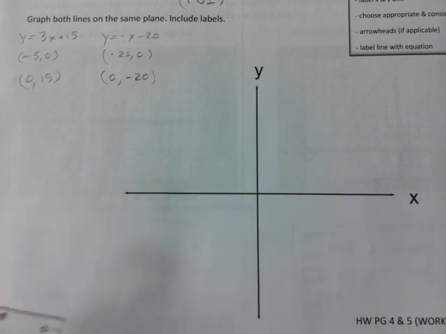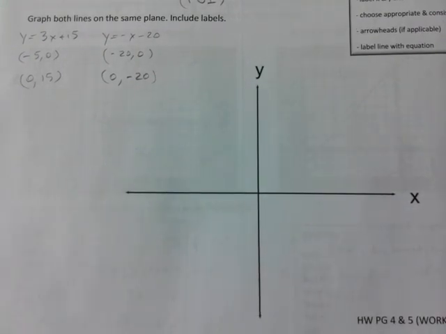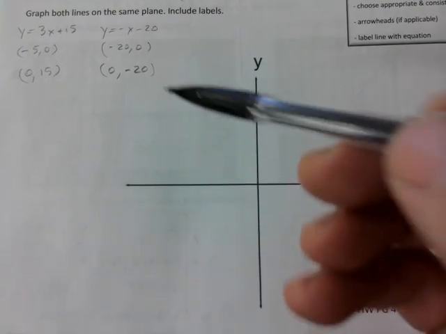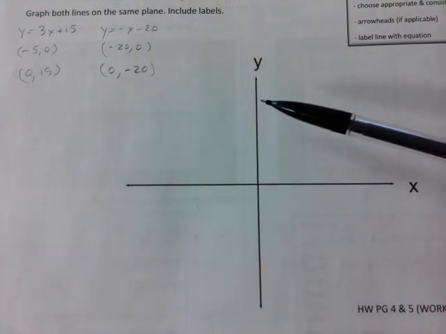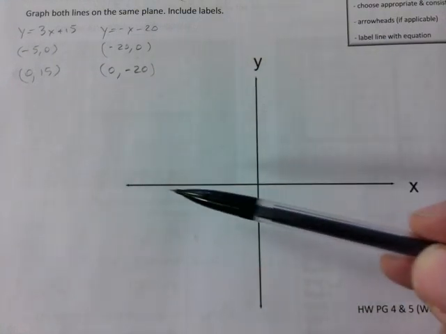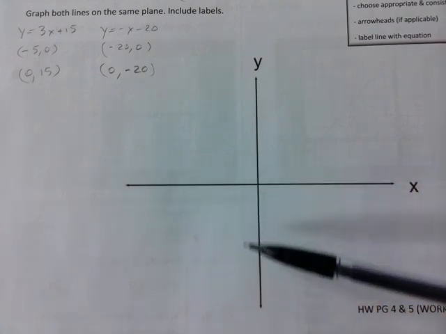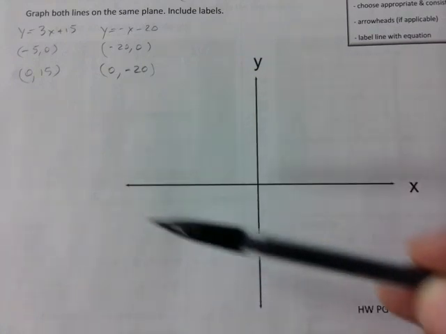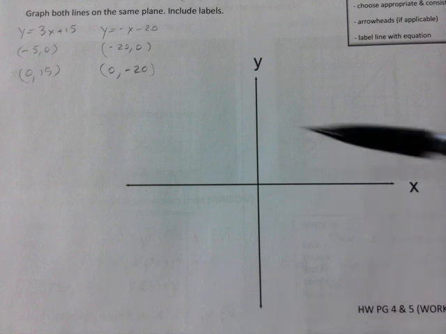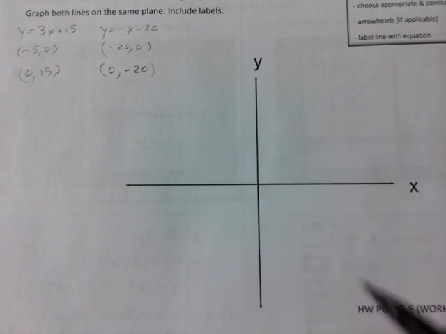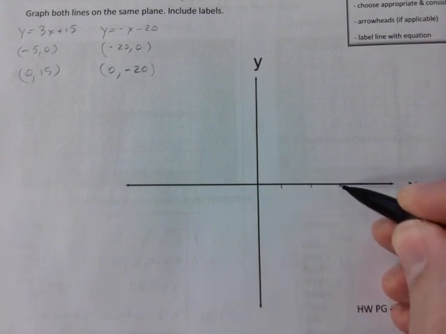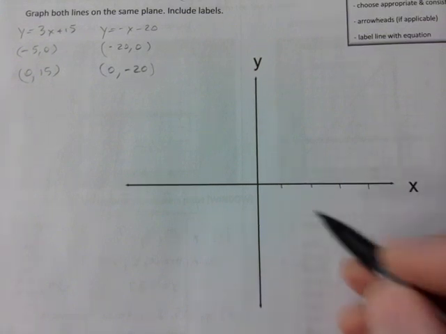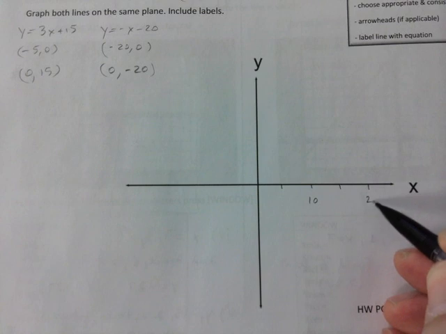So let's pick a scale. What do you think we should account for? You're going all the way up to 15 here, and all the way to negative 20 here and negative 20 here. So let's just make everything 20, go up to 20. Would that work? Let's try it. I'm going to go 5, 10, 15, 20. He's going up by 5s, right?